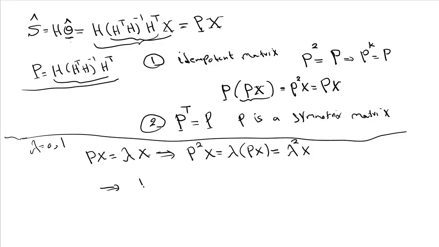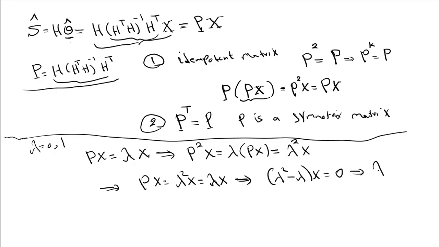That means Px also equals lambda x, and (lambda 2 minus lambda) multiplied by x is 0. Finally, lambda 2 minus lambda is 0, and the eigenvalues are 0 and 1.